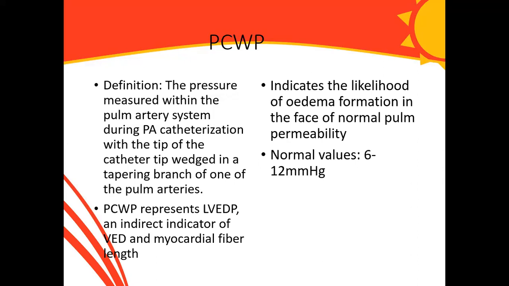For cardiogenic shock, the PCWP will be more than 18, but if it's less than 18, and there's evidence of respiratory distress, respiratory failure with hypoxemia, it shows that the edema is not of cardiac origin, because increased PCWP shows pulmonary edema in the face of normal pulmonary permeability.